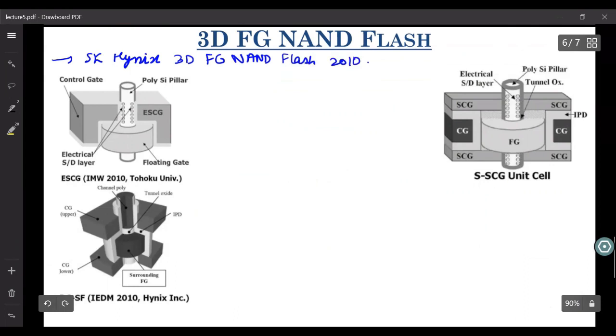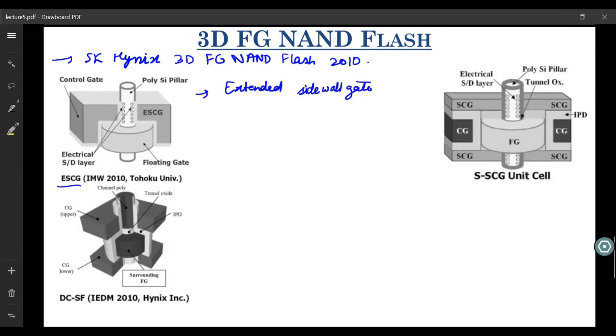Several structures were proposed. One of the first structures to be proposed was this ESCG. Let me write its full form. Its full form is extended sidewall control gate.